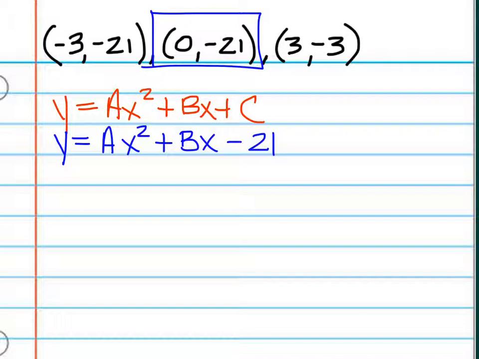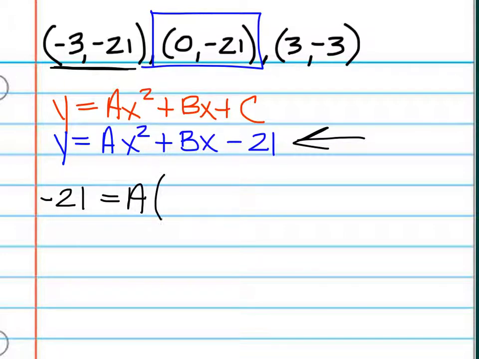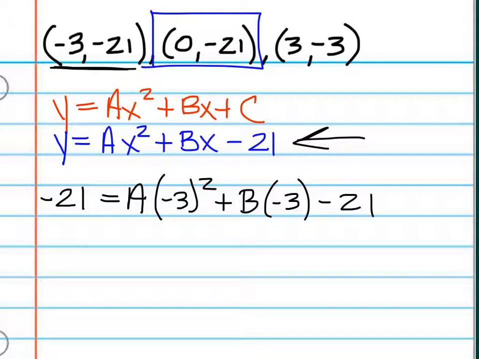To do that, we have to go to this point here, negative 3, negative 21, and insert it into that blue function here. If negative 21 is the y, then it goes first. Negative 21 equals a times x squared. X is negative 3. So we put a negative 3 there, plus b times the other negative 3, and then minus 21.